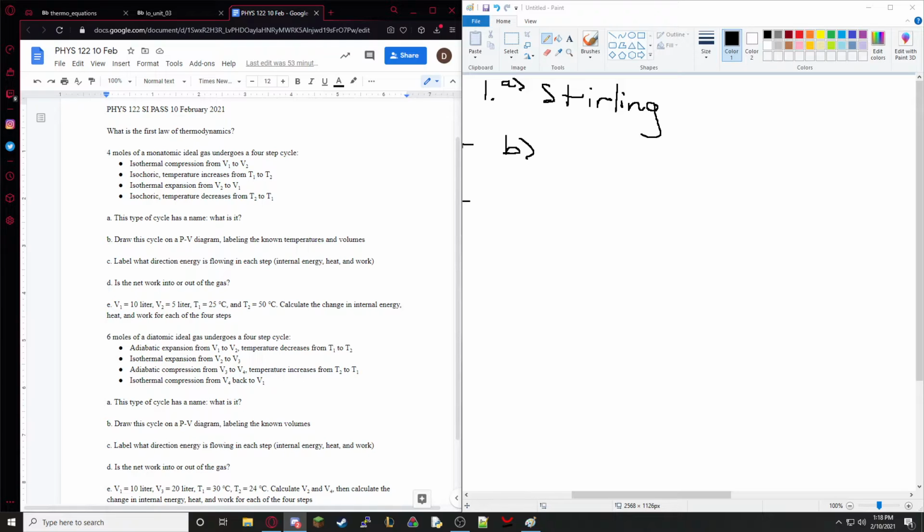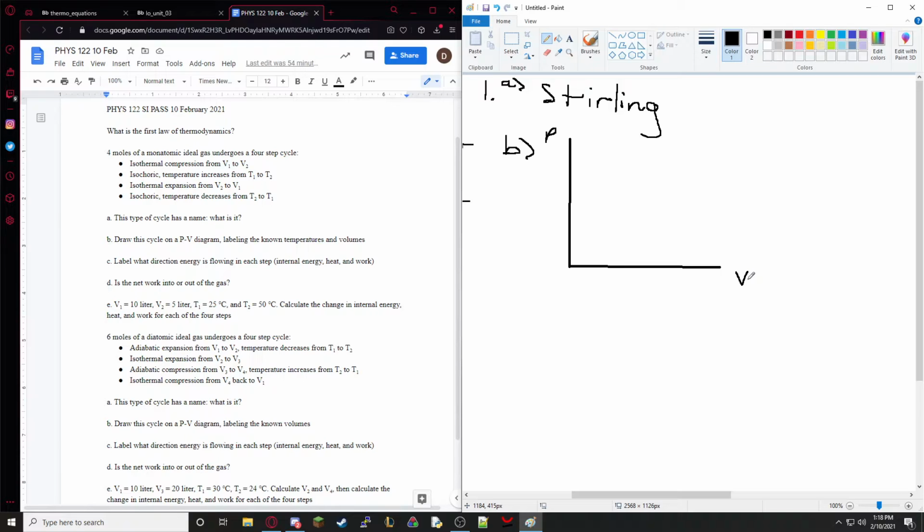All right, so we have our 4-step process: isothermal, isochoric, isothermal, isochoric. First we want to draw it on a PV diagram so we can visualize the process, with pressure on the y-axis and volume on the x-axis.